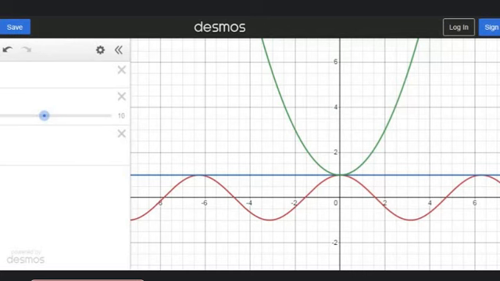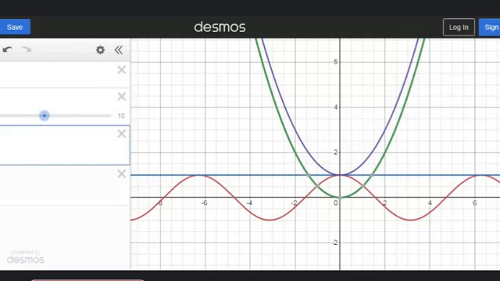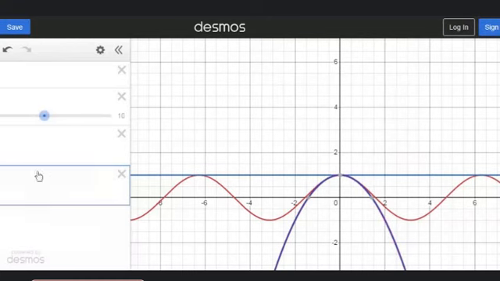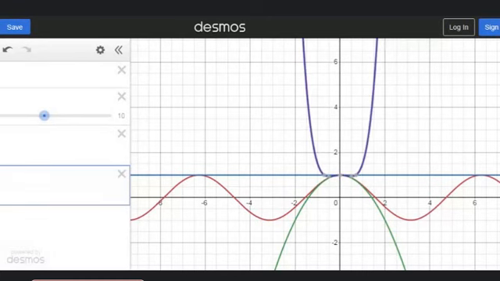Okay, next let me take the next level approximation: 1 minus x squared by 2 plus x to the power of 4 divided by 4 factorial.